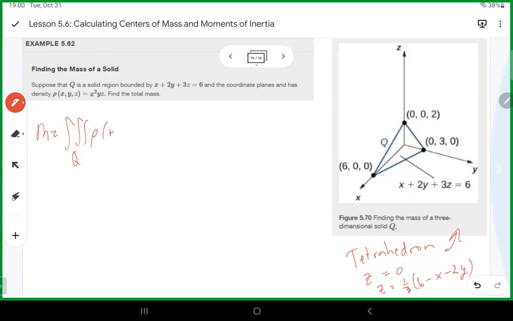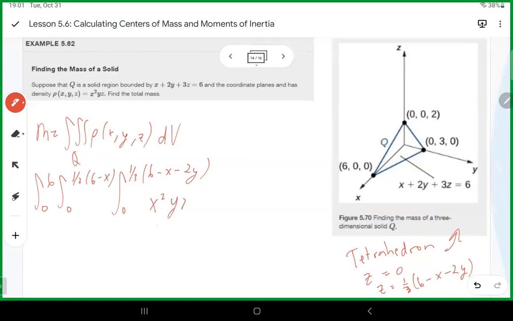and this is why we had to do triple integration first. So we're going to go from 0 to 6, 0 to 1/2 (6 minus x), and 0 to 1/3 (6 minus x minus 2y) of x squared yz dx dy dz.